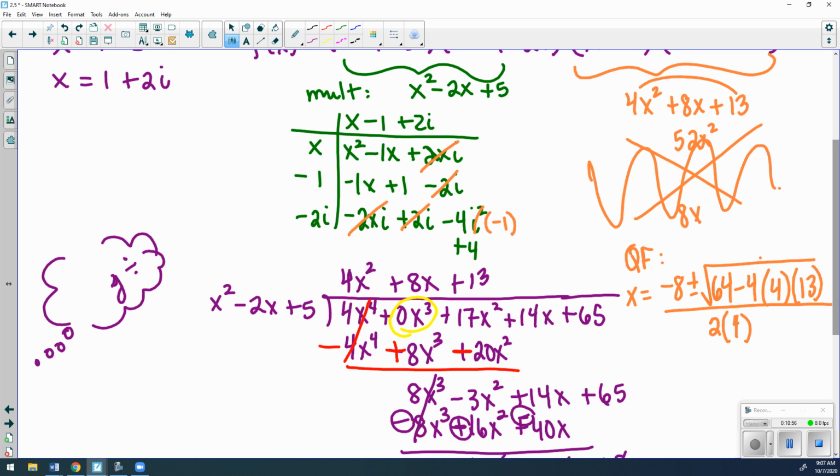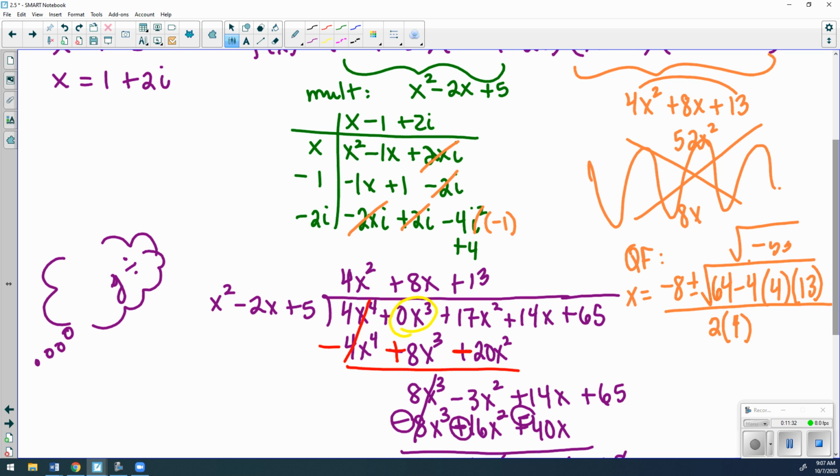Okay, so my pen is not wanting to work. 64 minus 4 times 13. That gives me, I don't know. I'm going to get my calculator. 64 minus 16 times 3 is probably a negative. I know it's a negative. Nope, I didn't type that in correctly.